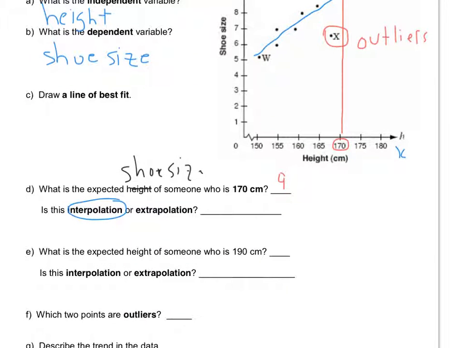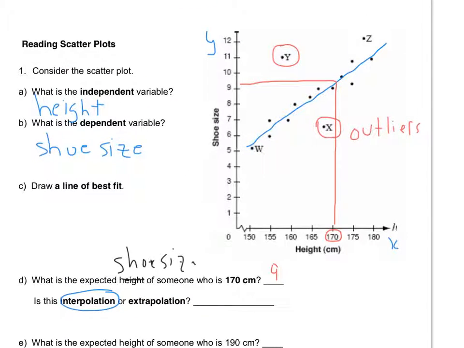In E, it asks, what is the expected height of someone who is 190 centimeters? So go back to my graph. Make sure my line is extended. So when I go up from about 190 all the way up to my line of best fit, it will actually meet my line of best fit.